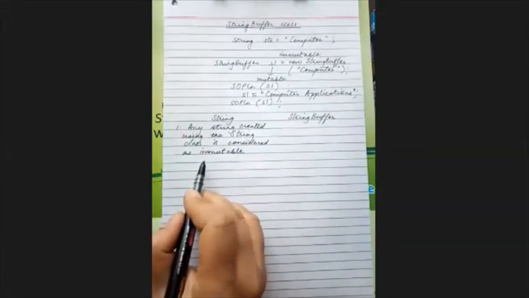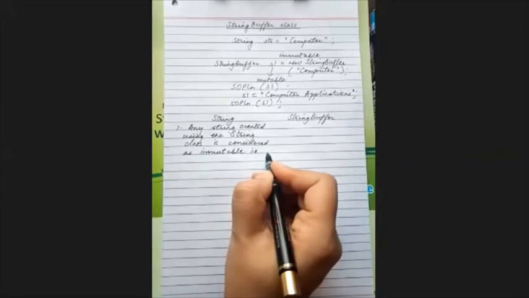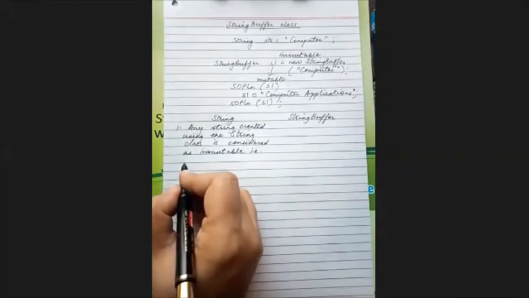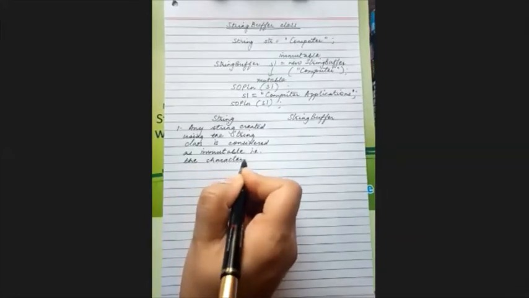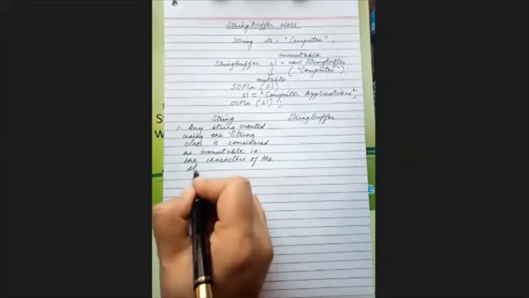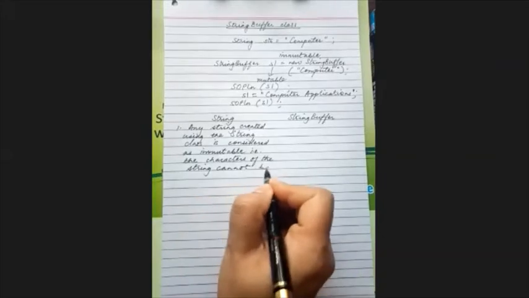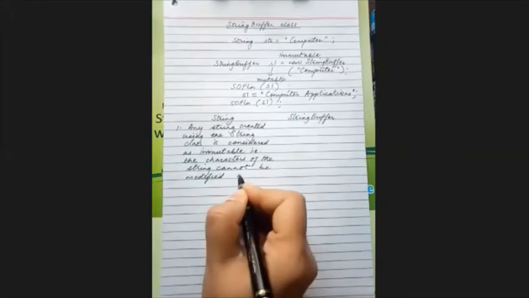Start writing. This word is very important: immutable. That is, the characters of the string cannot be modified or changed.